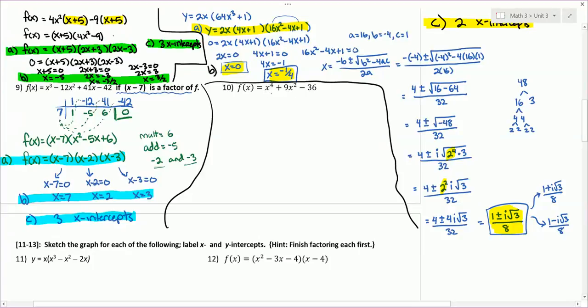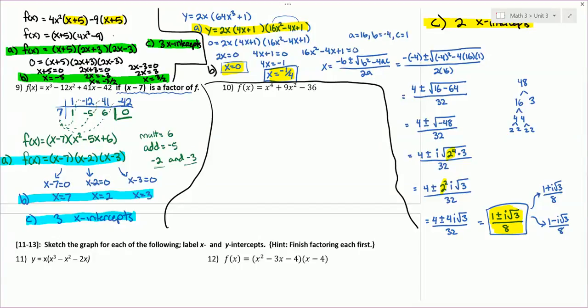Because, well, if you have 3 terms, and one of them is a constant, the highest power in this case is 4. If the power of the term in the middle is half the highest power, it meets somewhat of a quadratic form, and you can attempt to factor it.